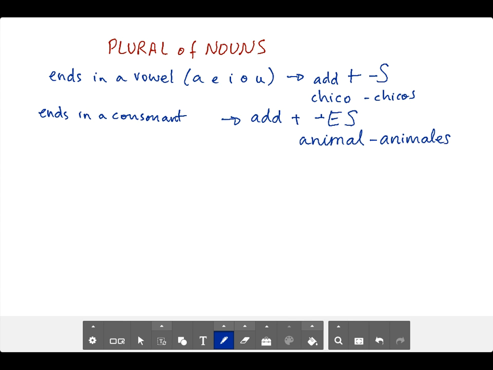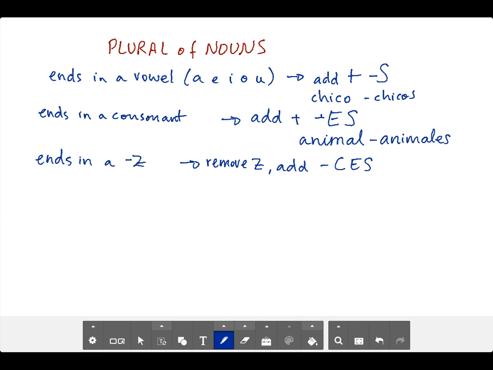Then if we have a noun that ends in a Z, you will remove the Z and add CES.